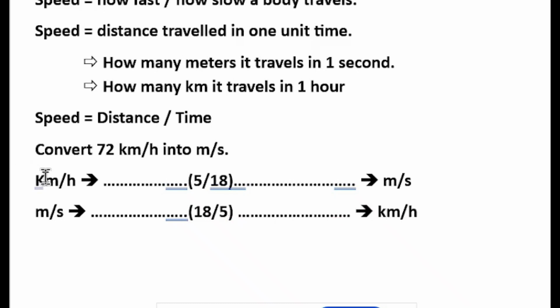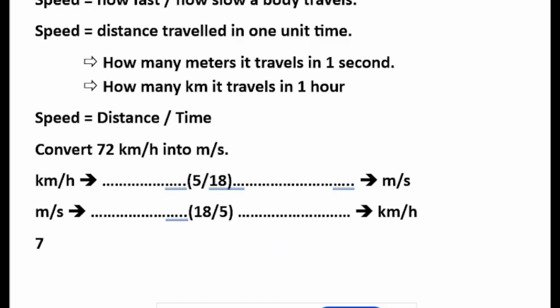So remember this 18 by 5 and 5 by 18. 5 by 18 for kilometer per hour to meters per second, and 18 by 5 for meters per second to kilometers per hour. So here we are converting kilometers per hour to meters per second. So this will take 5 by 18.